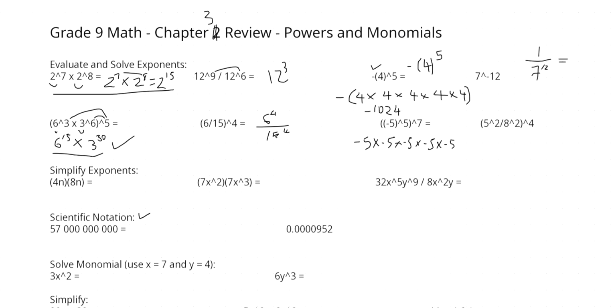We just have to leave it like that once we find what the value is. So let's just do that first. Let's find what -5 to the power of 5 is. And we know that that will be equal to 3,125, and that's a negative number. Okay, so let's try that first.